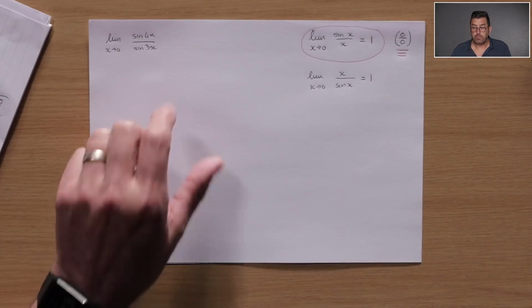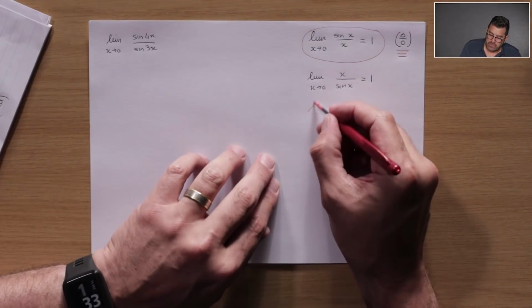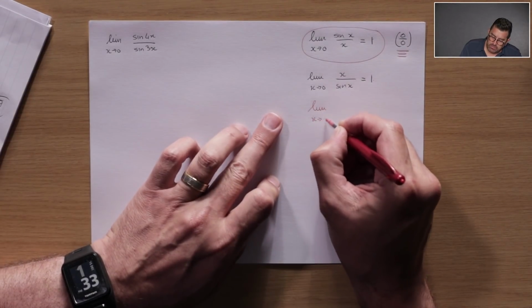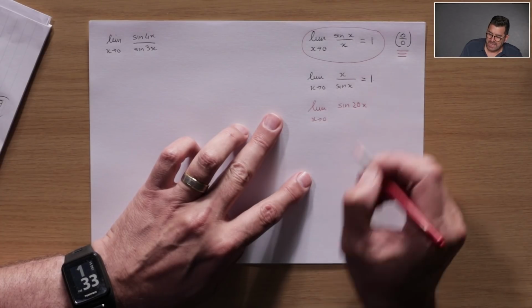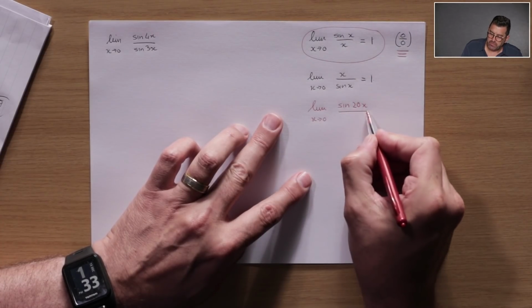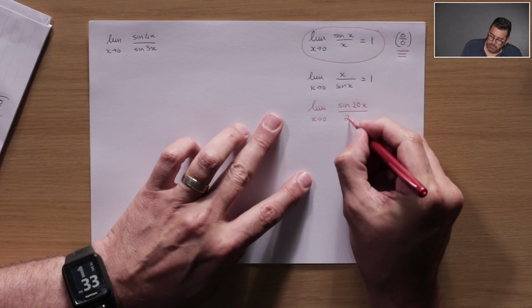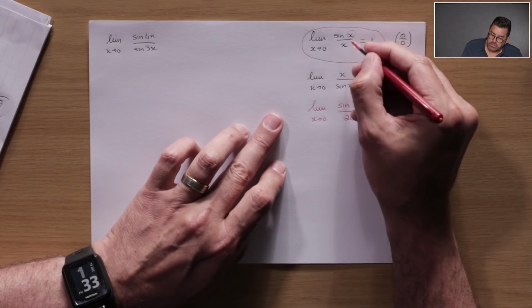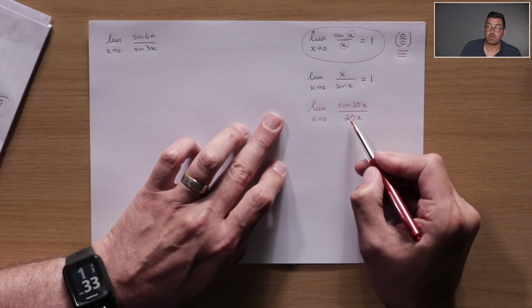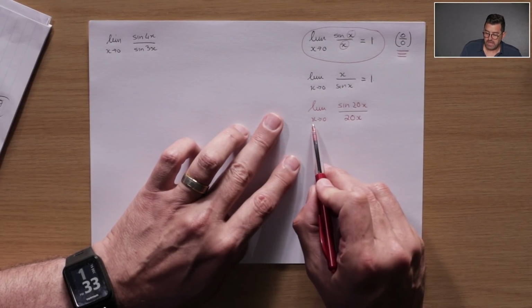And even beyond that, if I have the limit where x is approaching 0 of the sine of 20x, then in the bottom of this sine of 20x, I must have 20x. So the important part is that that is the same. It doesn't have to be the same here.